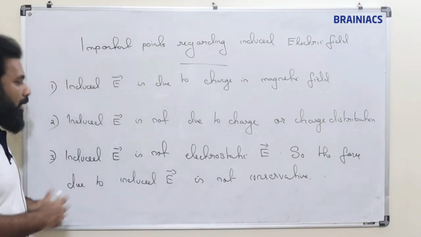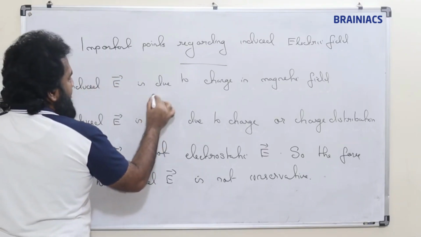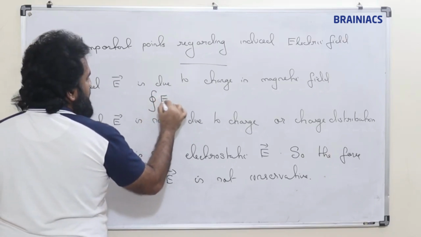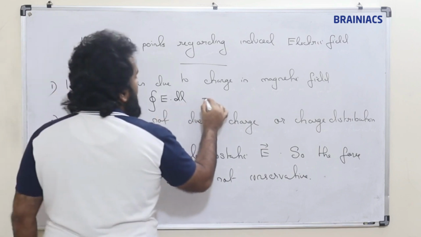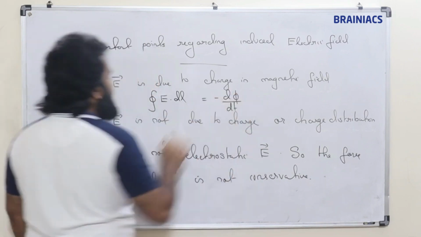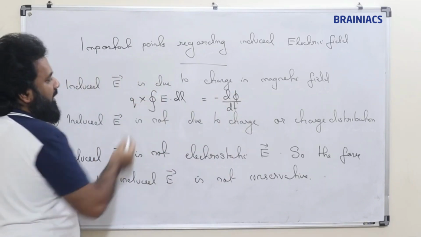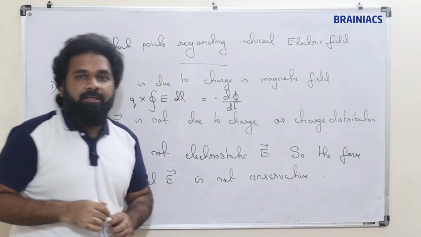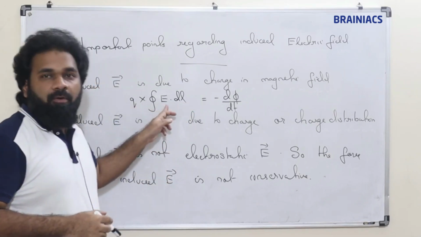Important point. Why is this not conservative? Suppose we take E dot dl, which is equal to minus d phi by dt. Suppose you multiply by charge here, this will become what?